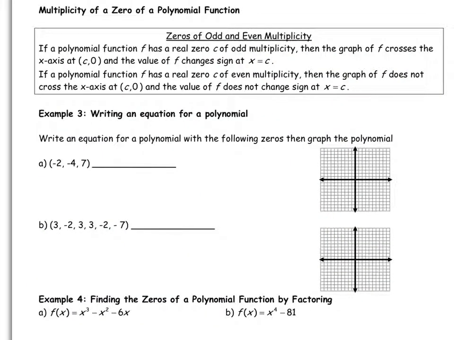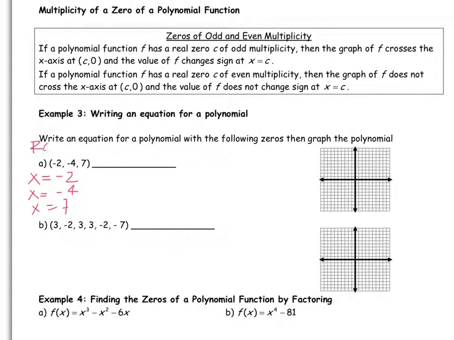Okay, where we are is we're asked to write functions when you have multiplicity of zeros. What they've given us is some zeros or roots, listed like this, but what we typically want to write them as is this: x equals negative 2, x equals negative 4, x equals 7.